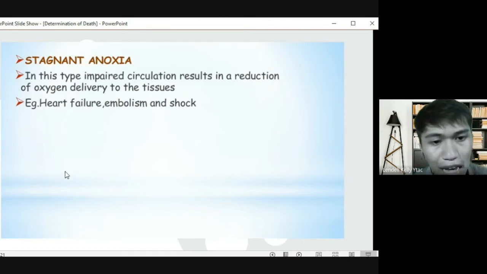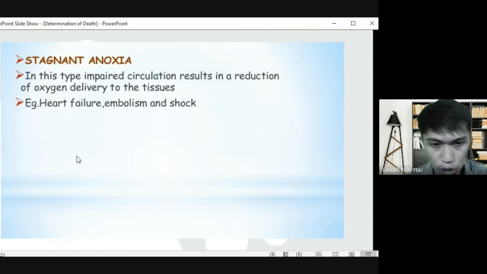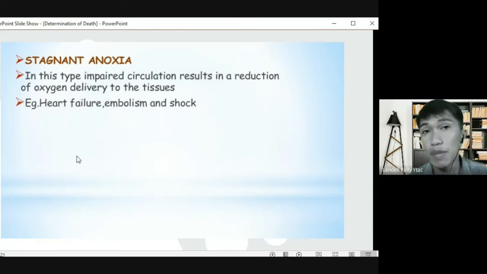And also we have shock. So in shock naman, there is a temporary cessation of appropriate cardiac output because of the decrease of blood volume, maybe primarily because of hemorrhage due to injury or car accident, maybe because of dehydration, maybe because of sepsis.